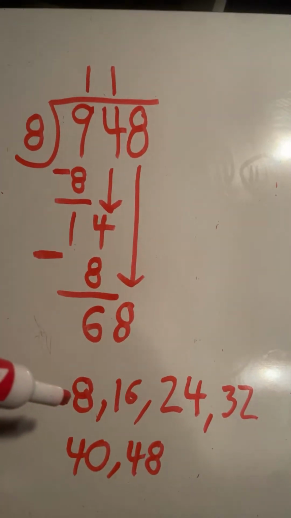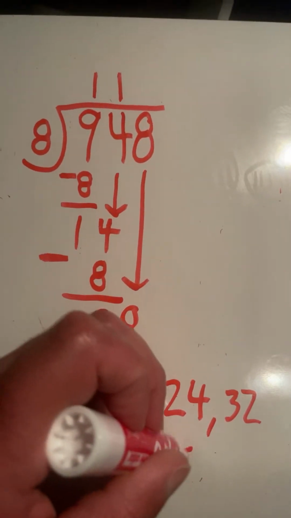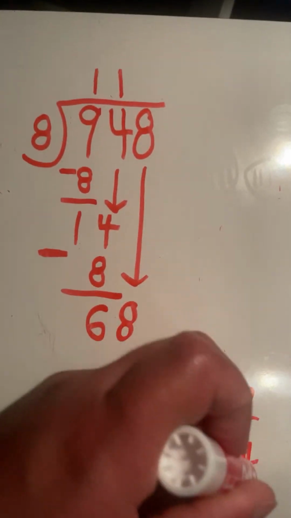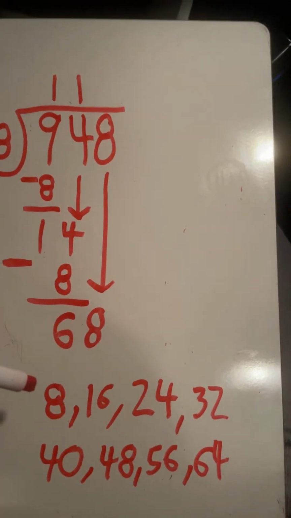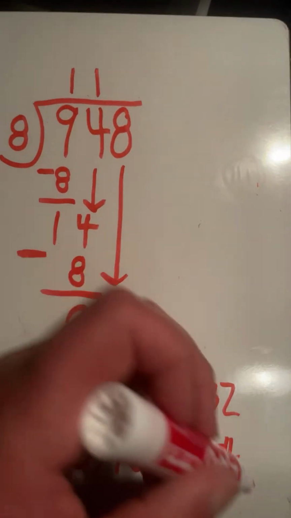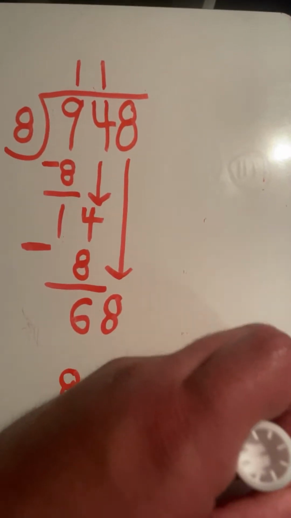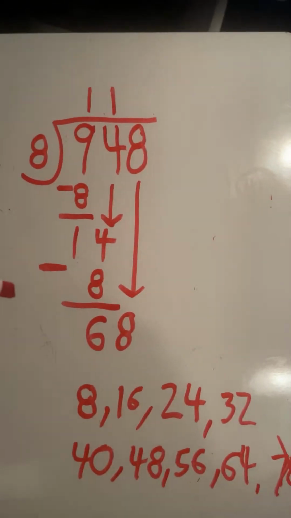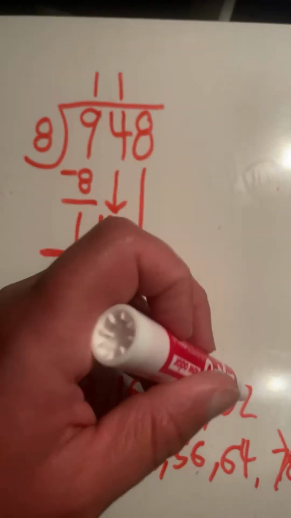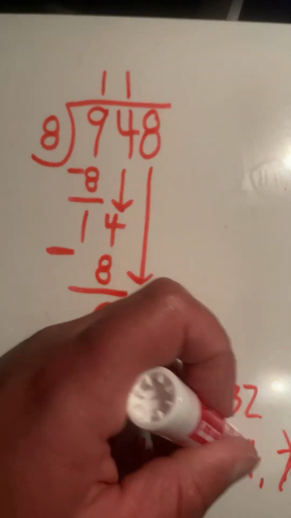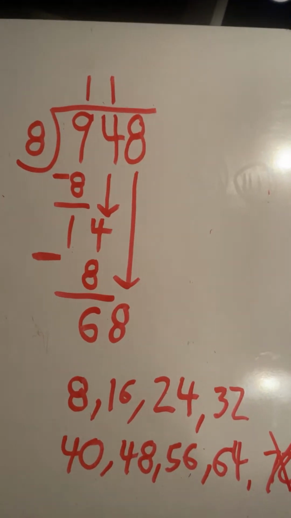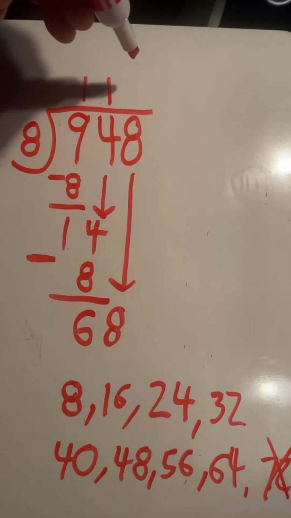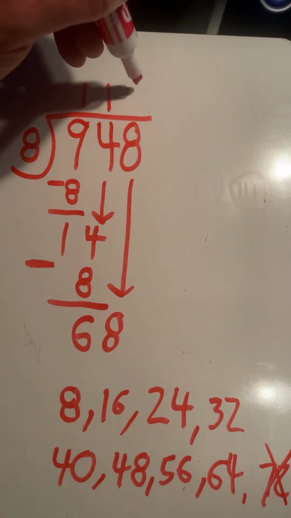48, 6 groups of 8. 56, 7 groups of 8. 64, 8 groups of 8. So we have 8 full groups of 8. If I count by 8 again, I'll be at 72, but that's too far, right? We'd be beyond the number 68. So we were able to get 1, 2, 3, 4, 5, 6, 7, 8 full groups of 8 within 68. 68 divided by 8 equals 8.